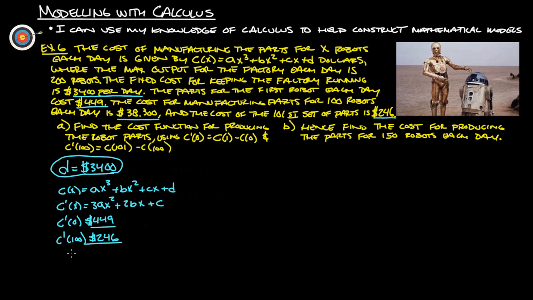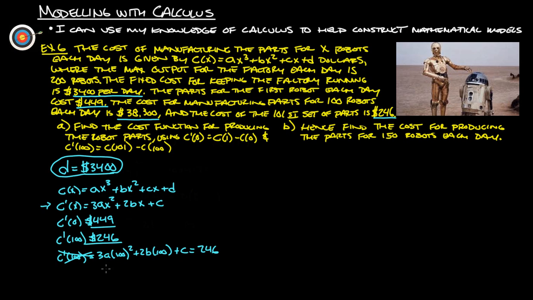All right. So what we can do is take this information here and plug it into our derivative function, which is this one. So we can say the derivative at 100 is basically, we're going to plug in 100 for all these x's, right? 3a times 100 squared plus 2 times b times 100 plus c has to equal 246, right?